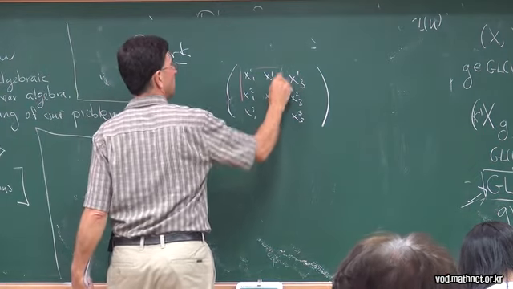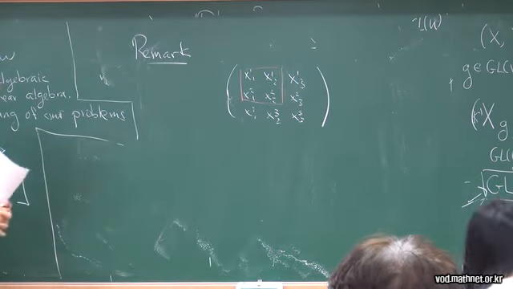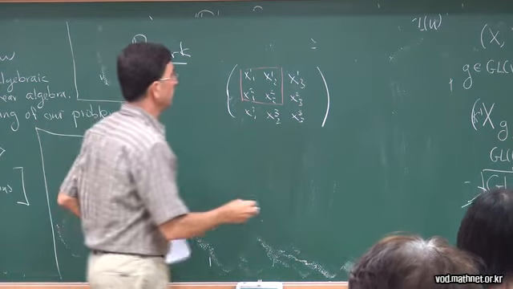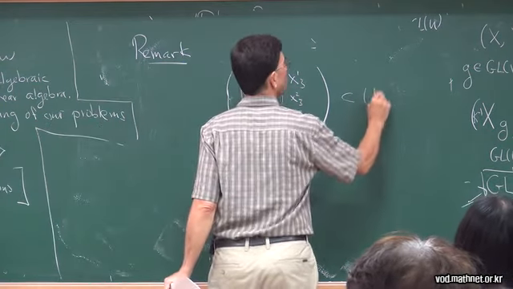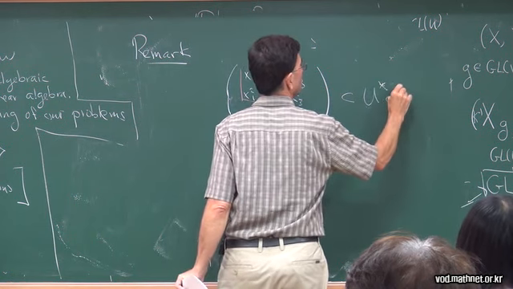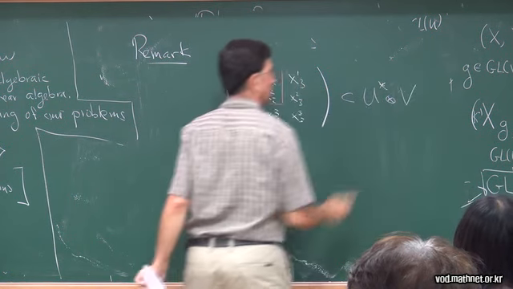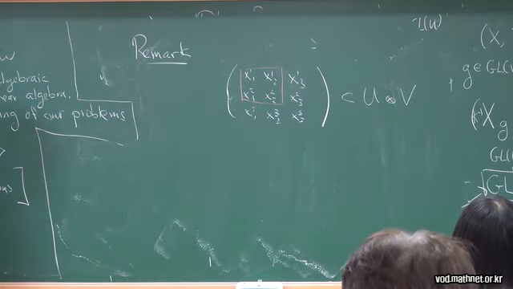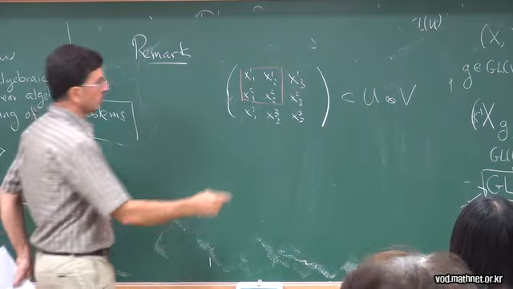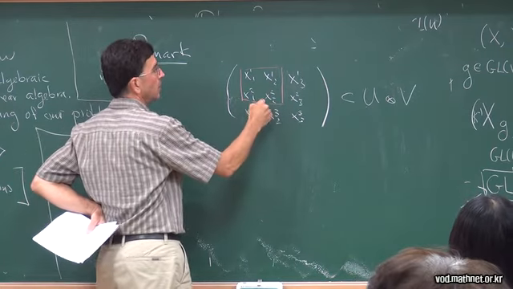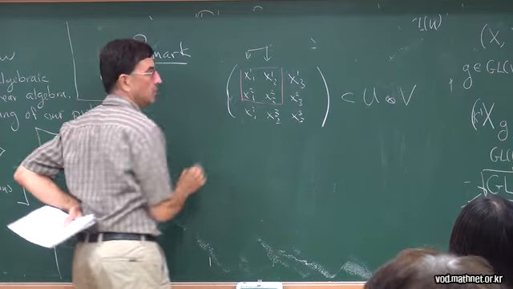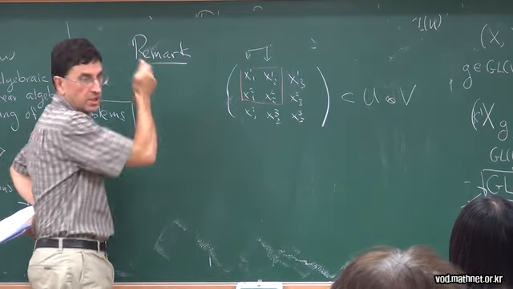Well, let's say this one. Now, if I want to think of this matrix as sitting inside U star tensor V, or maybe just U tensor V, doesn't matter for this discussion, then this 2 by 2 minor has the property that if I swap these two columns, it changes sign.